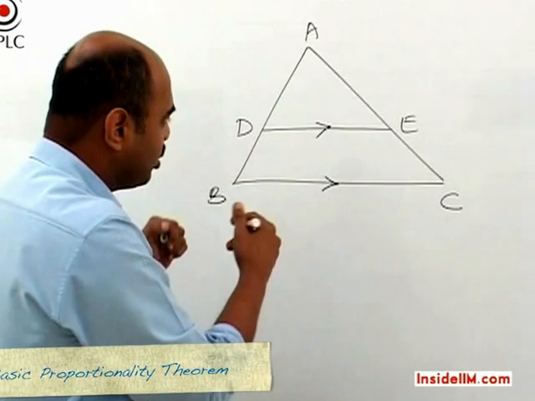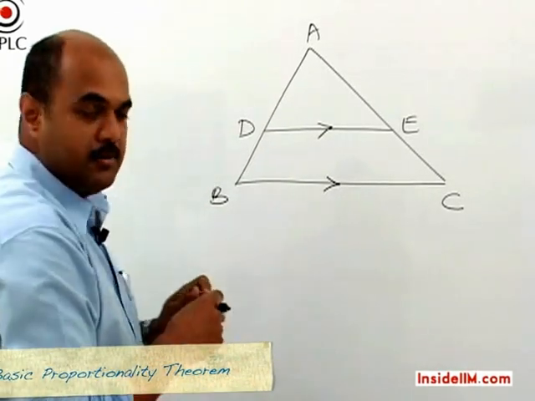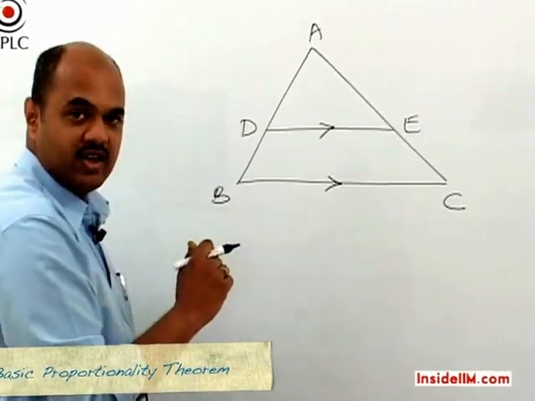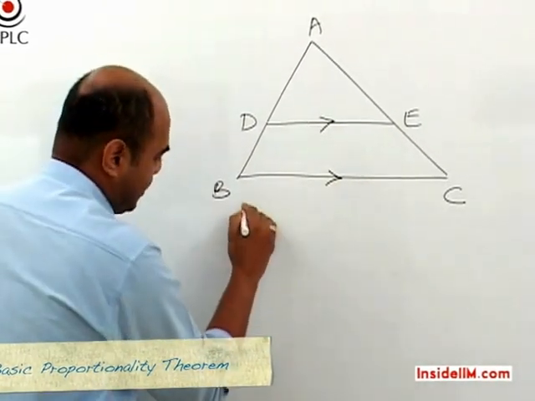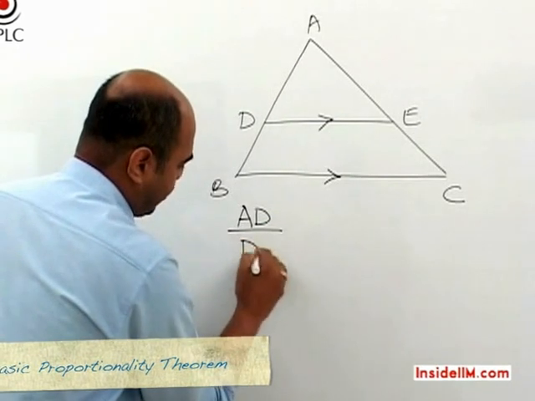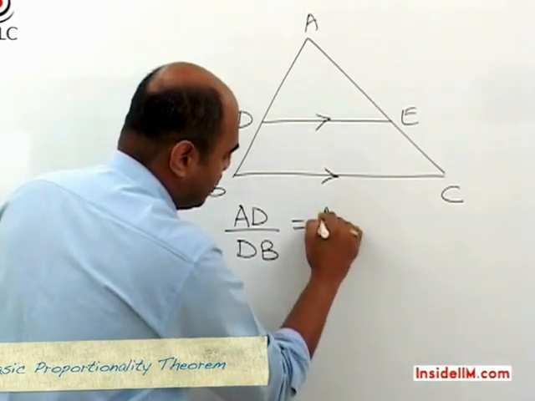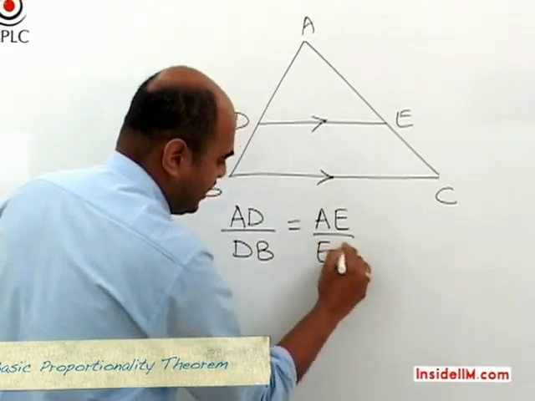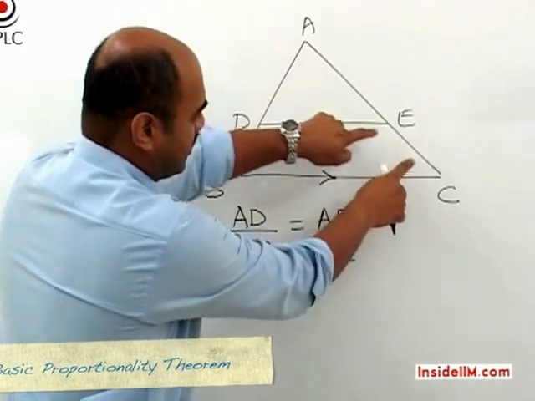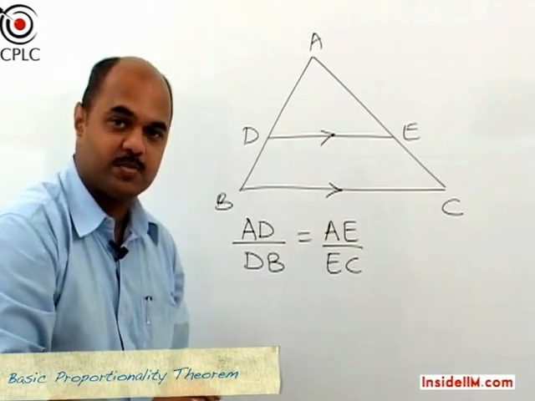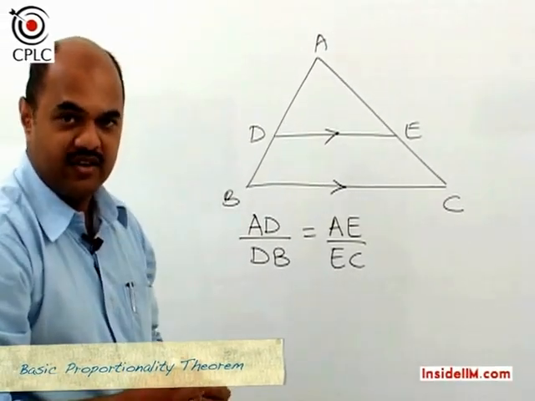But that is not what we're going to use in BPT. BPT, or basic proportionality theorem, states that if DE is parallel to BC, then AD upon DB is equal to AE upon EC, which is this part upon this part is equal to this part upon this part. Now this is with respect to the basic proportionality theorem.